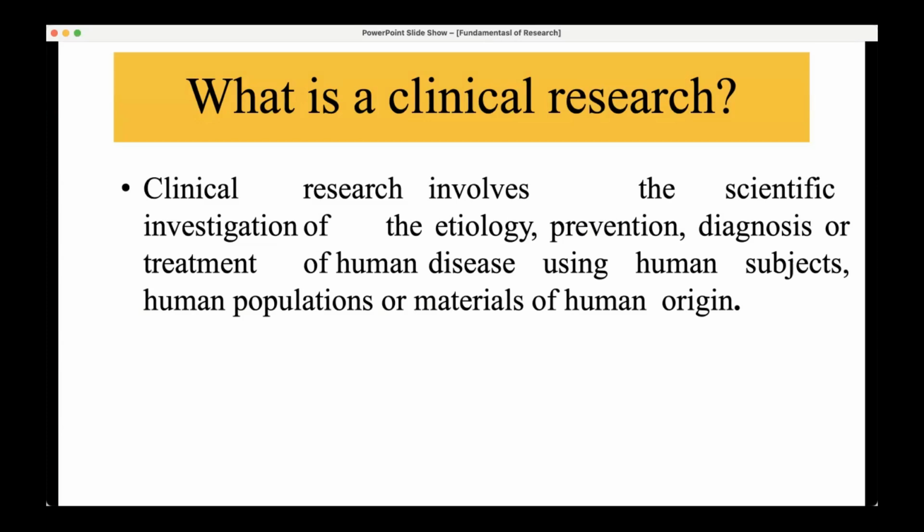The clinical research involves the scientific investigation of the etiology, prevention, diagnosis, treatment of human disease using human subjects, the human population, as the materials.